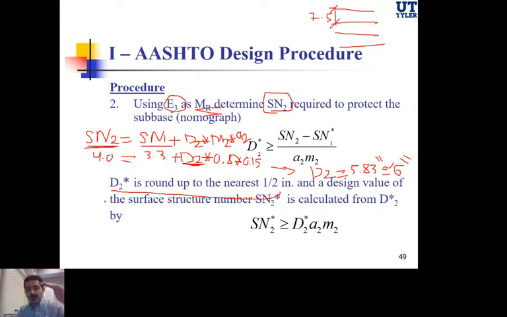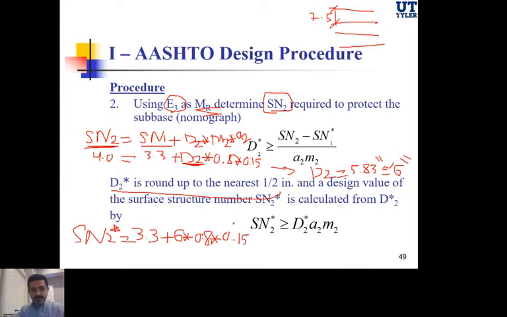So again, remember, pyramid design is cumulative. So SN2 revised, or SN2 star, is actually now the 3.3, which came from the top layer, plus not 5.83 inches anymore, it's 6 inches, times M2, which doesn't change, 0.8, times A2, which is 0.15.